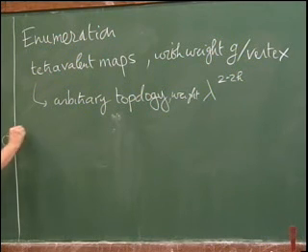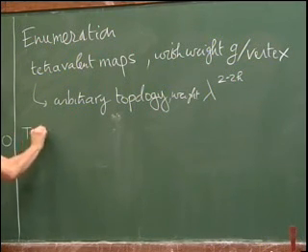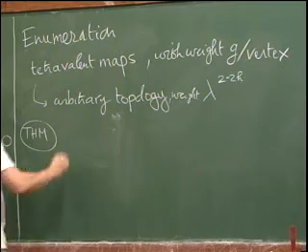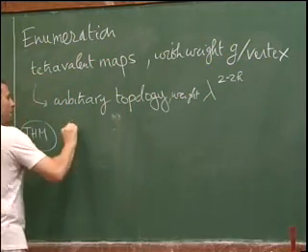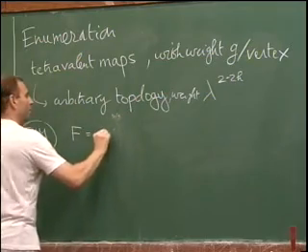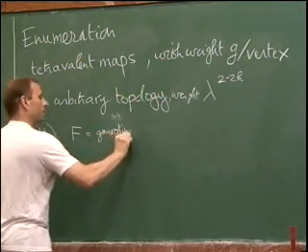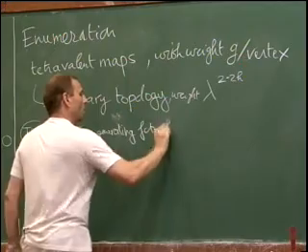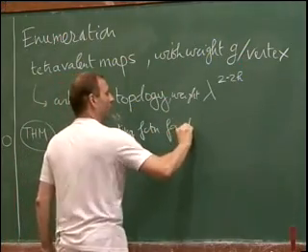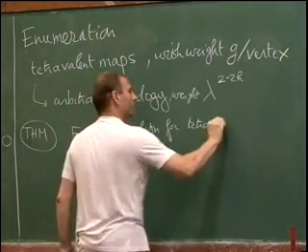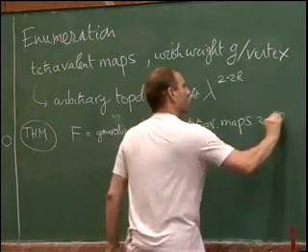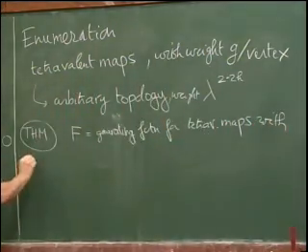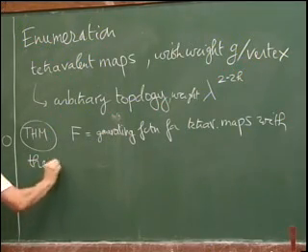So this is the kind of work we're setting for. And here is the beautiful theorem. So let me define f is the generating function for tetravalent maps with, well, those weights. I'm not going to repeat, with the above weights.